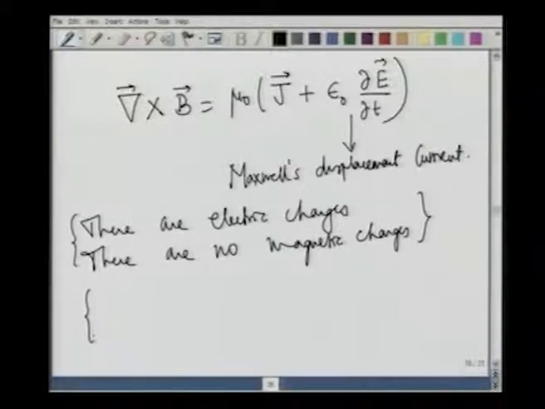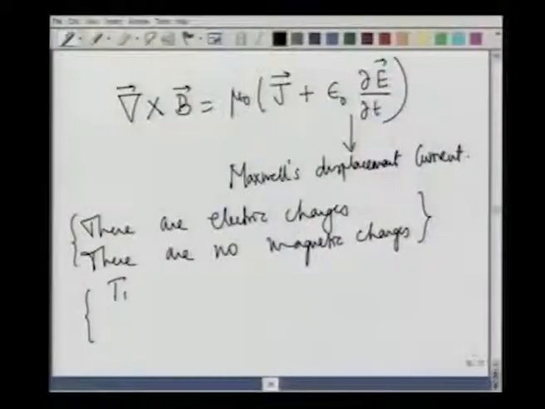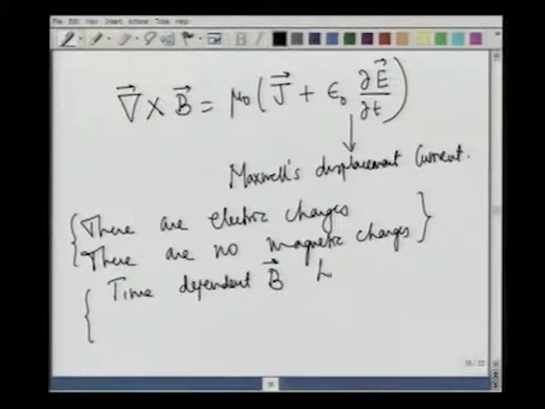The second contrast is something which is deeper and which is not easily appreciated. A time dependent magnetic field B has to produce an electric field. Produce is a figurative word; it has to be accompanied by an electric field.